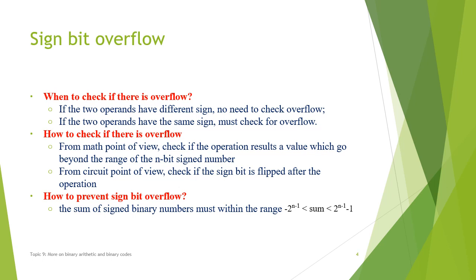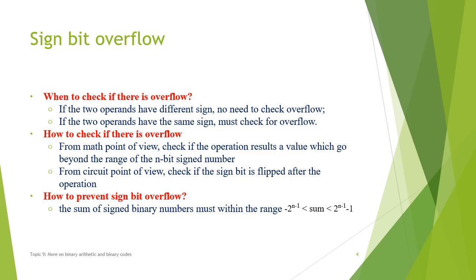However, if the two operands have the same sign, like positive plus positive or negative plus negative, then we must check for overflow. And how to check? From a math point of view, check if the result is going beyond the range of the n-bit signed number, right? Just check if it goes beyond the maximum positive or the largest negative number.